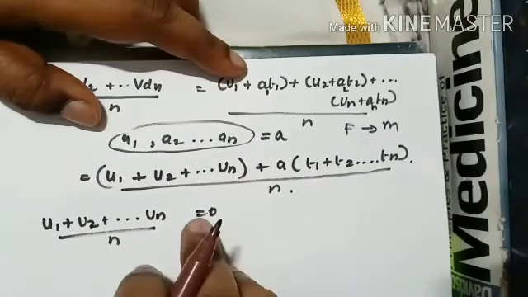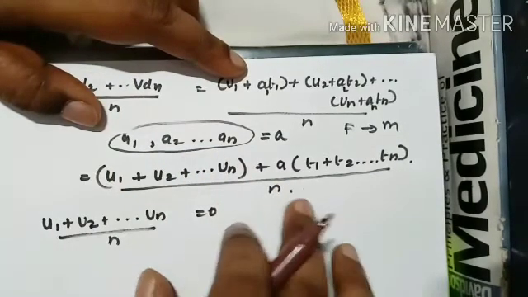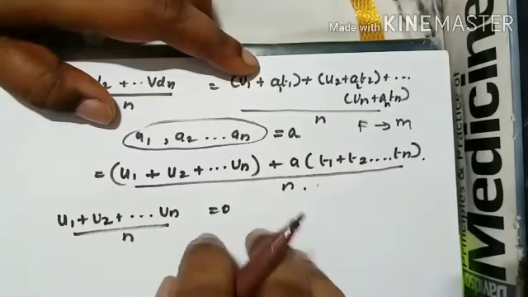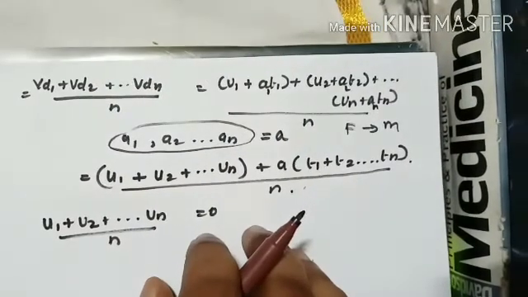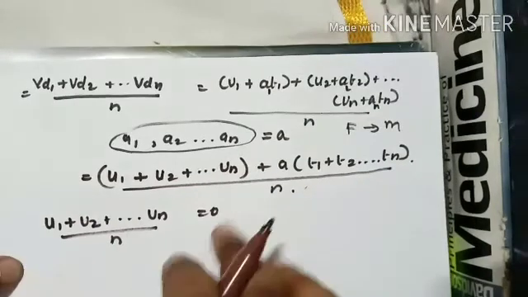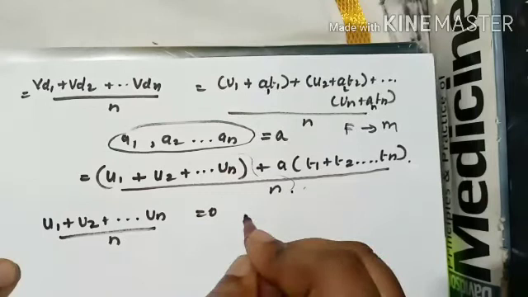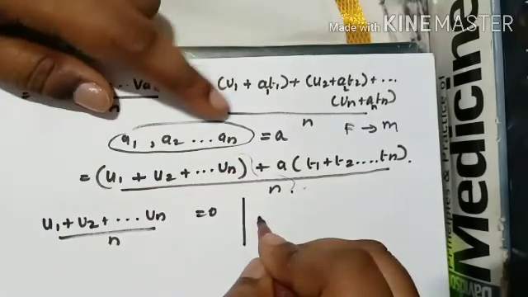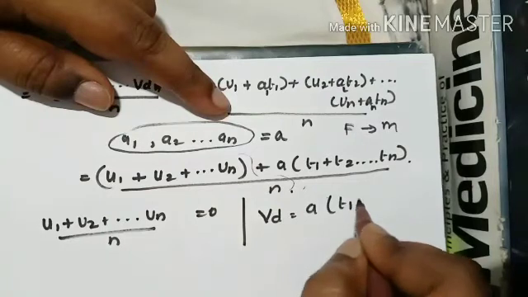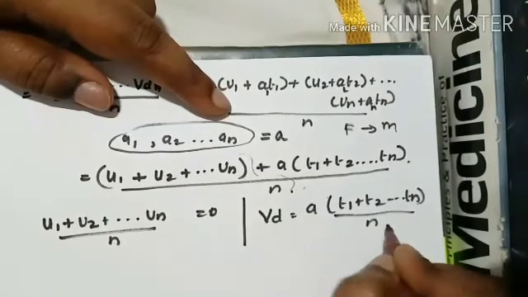Remember, when the electric field is not applied, the average thermal velocity, that is the velocity of the electrons due to atmospheric temperature, is always 0. So this term goes off, and I can write Vd is equal to A times T1 plus T2 and so on till Tn, whole divided by n.